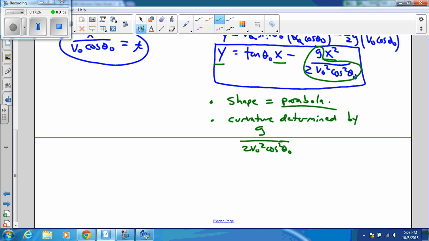And in particular, we want to see what would make my parabola more or less curvy. And to make it less curvy, I would make this coefficient get as close as possible to 0.